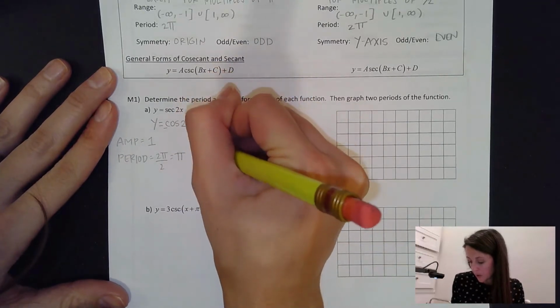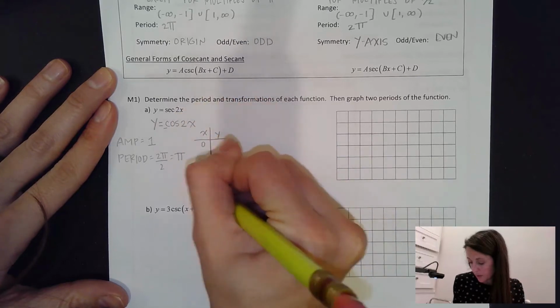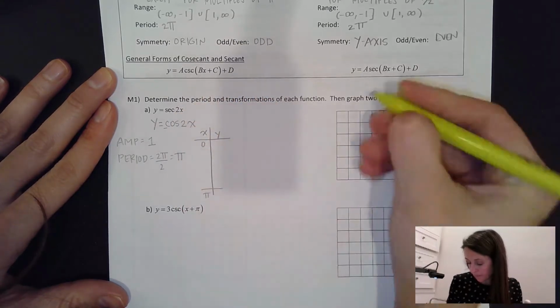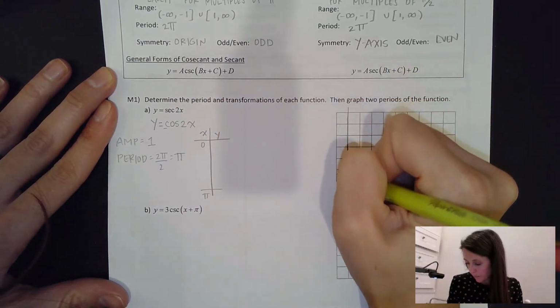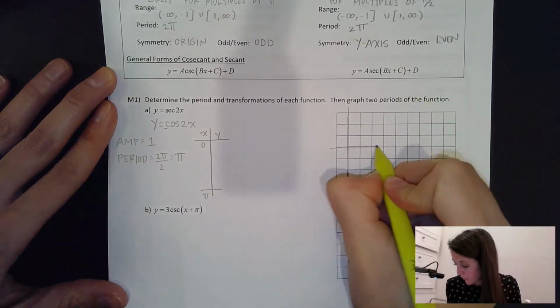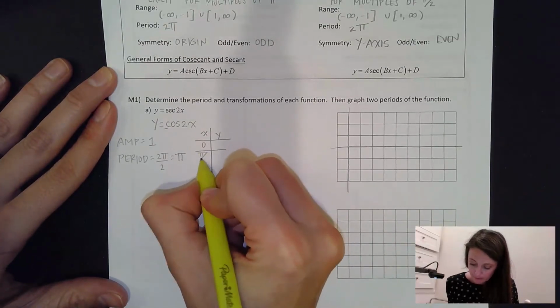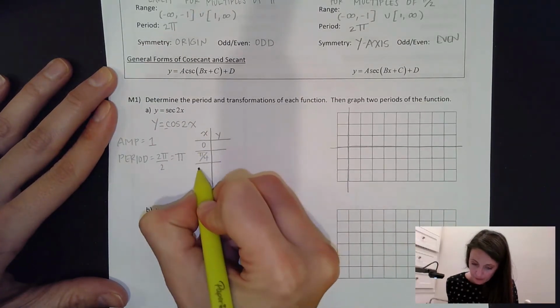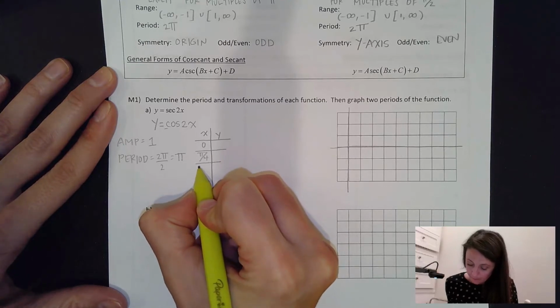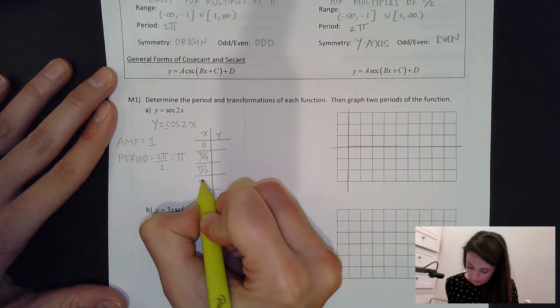So I'm going to have 0 to pi, divided by 4. So this is going to be pi over 4, this will be pi over 2, this will be 3 pi over 4.